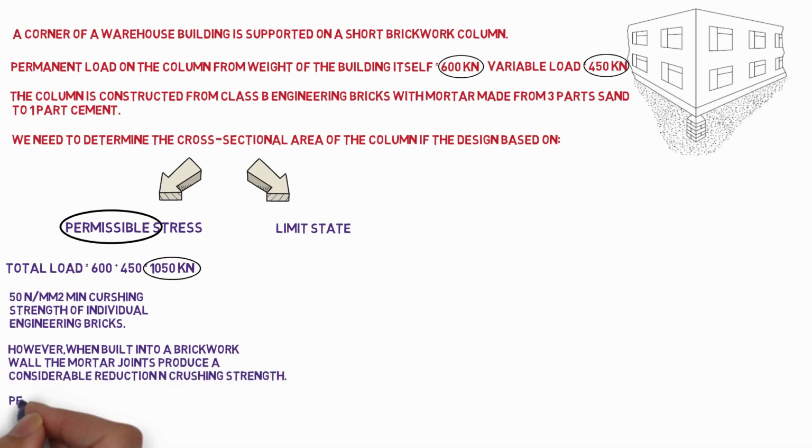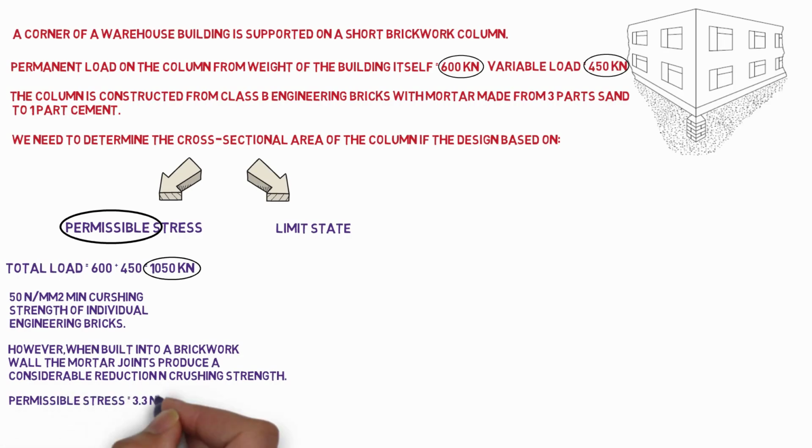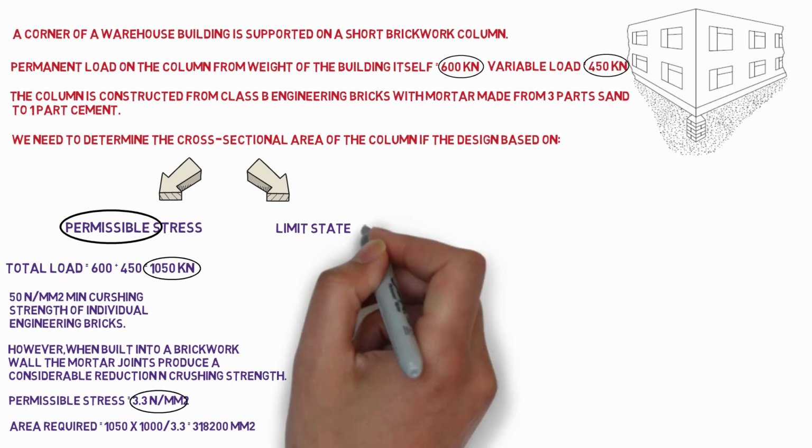The permissible basic stress for brickwork made with Class B engineering bricks and 3:1 mortar is 3.3 Newton per square millimeter. This figure already contains a safety factor to take account of errors in estimating the loads, and also possible variations in material strength. As a result, area required equals 1050 times 1000 divided by 3.3, which is 318,200 square millimeters.